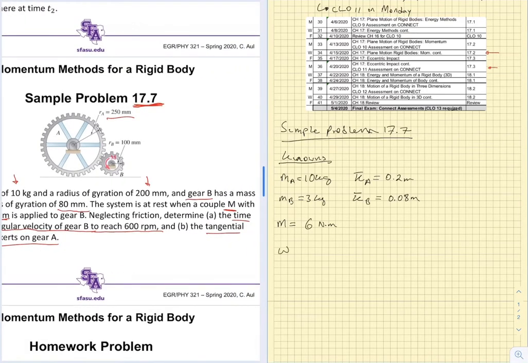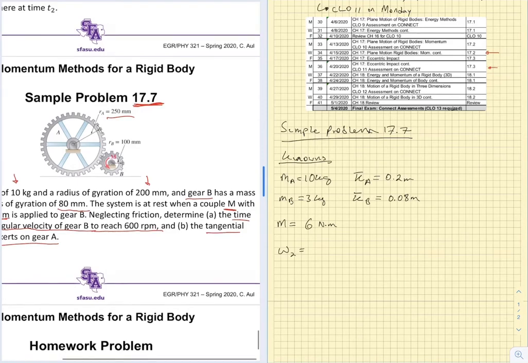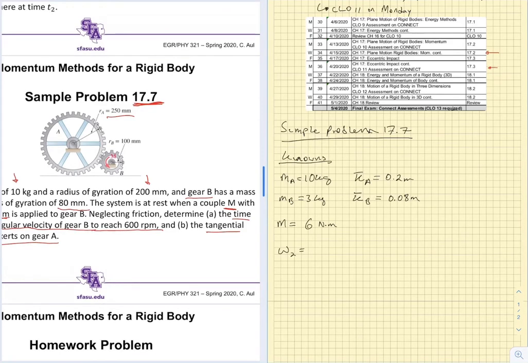And then we know the mass of B, that's equal to 3 kilograms. And then the radius of gyration for gear B is equal to 0.08 meters. It gives us the magnitude of the moment M, and that's equal to 6 Newton meters.